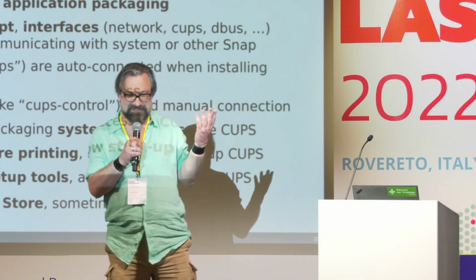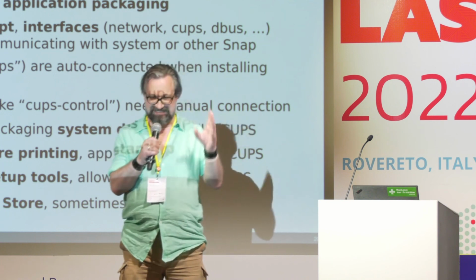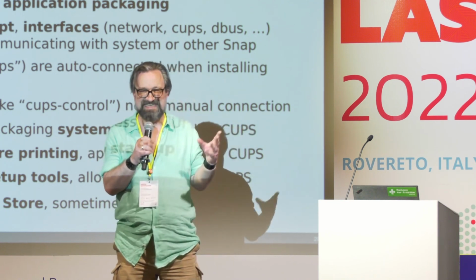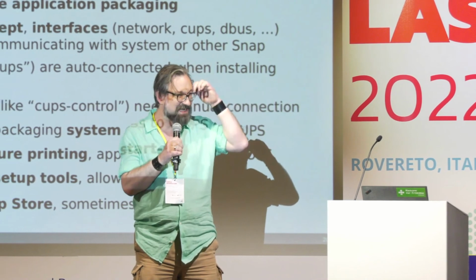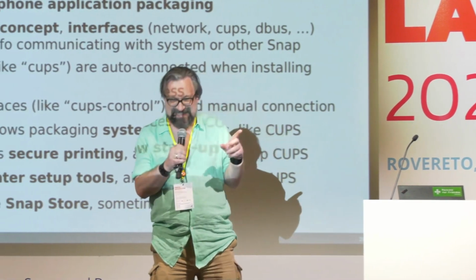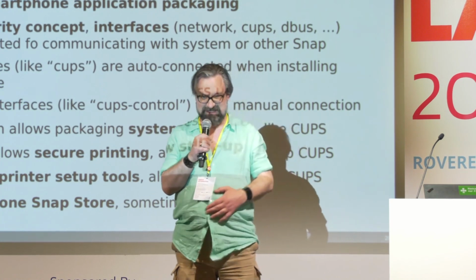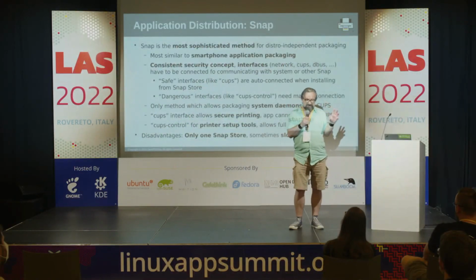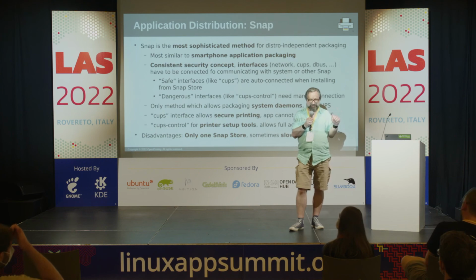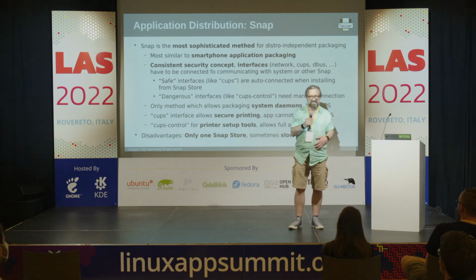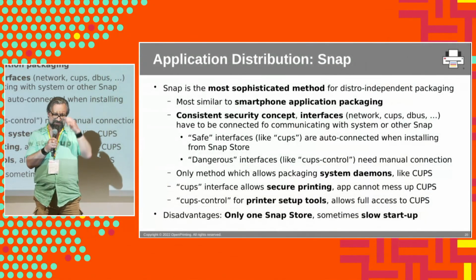Snap seems to be the most sophisticated. One can snap package system daemons, but one cannot Flatpak system daemons, one cannot put system daemons in an AppImage. And so CUPS exists only in a Snap and not in other distribution independent packaging formats.